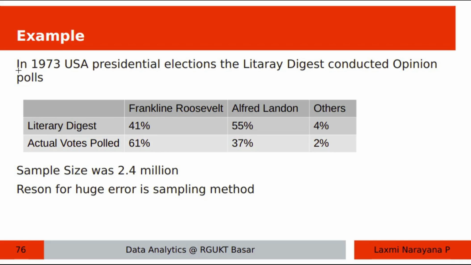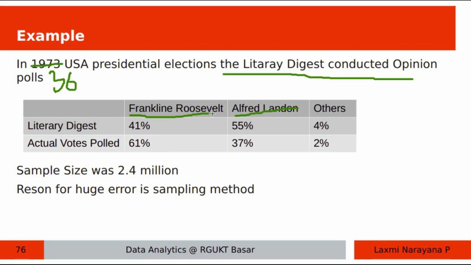To understand the sampling process, let's see a simple example. This example is taken from the Business Analytics book by Dinesh Kumar. It is not 1973, it is 1936. In the 1936 USA presidential elections, the Literary Digest conducted an opinion poll. Alf Landon was contesting against Franklin Roosevelt.